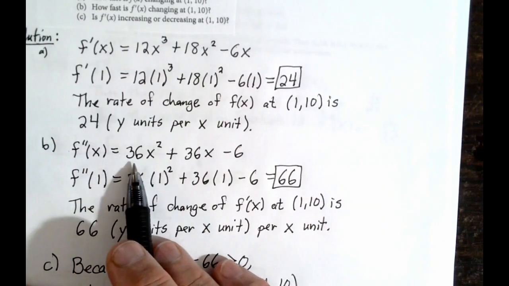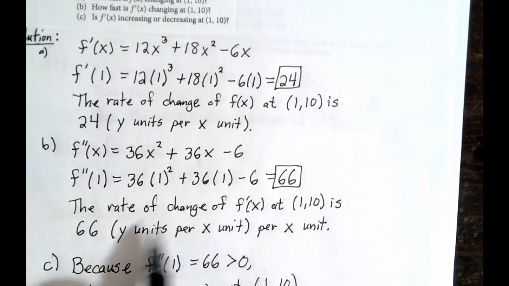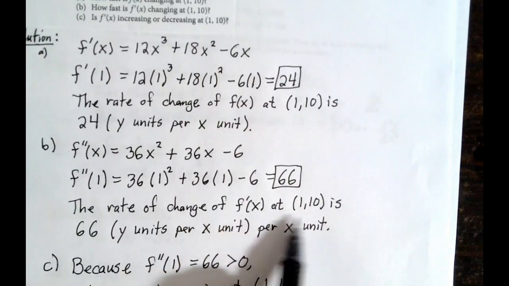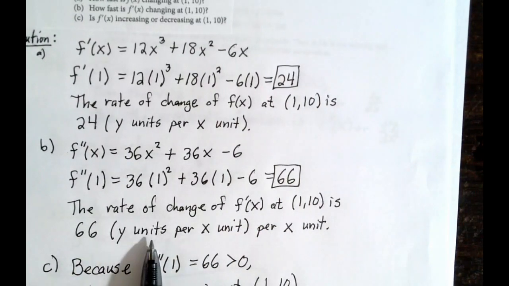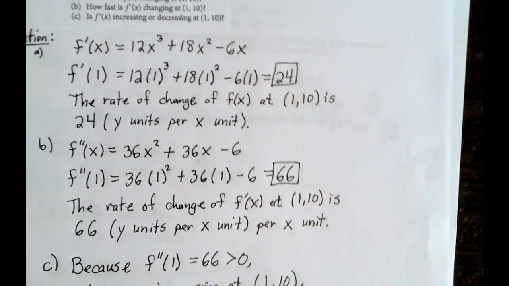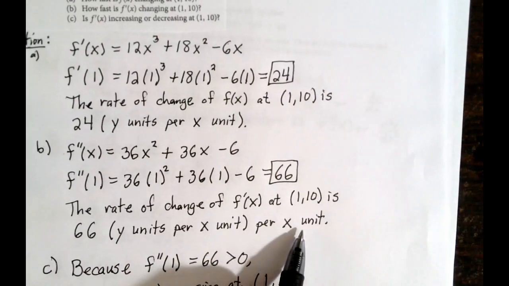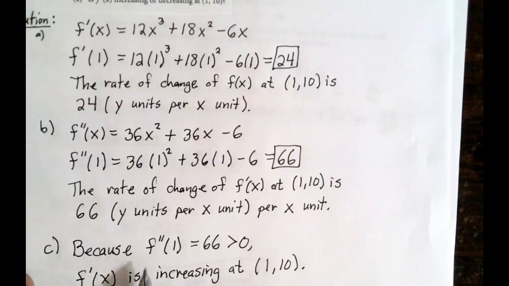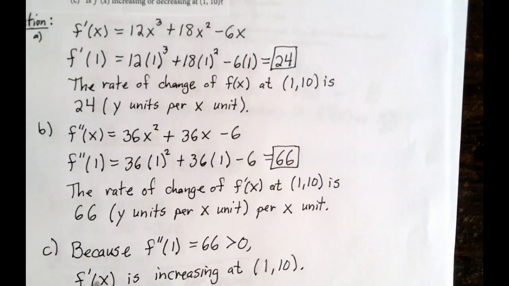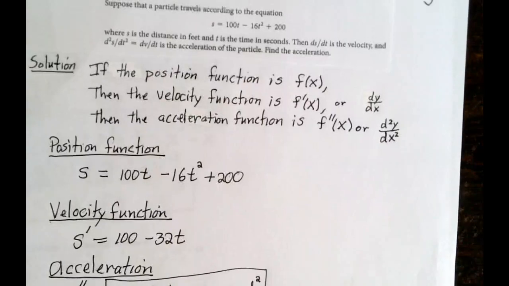So you take the second derivative and plug in 1, and now you can say the rate of change of the first derivative is 66 y units for each x unit per x unit. Notice it's per unit per unit because it's the second derivative. Then C says, is f prime increasing or decreasing at 110? Well, because f double prime is positive, f prime is increasing at 110.